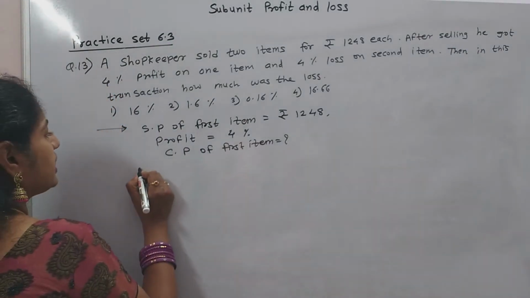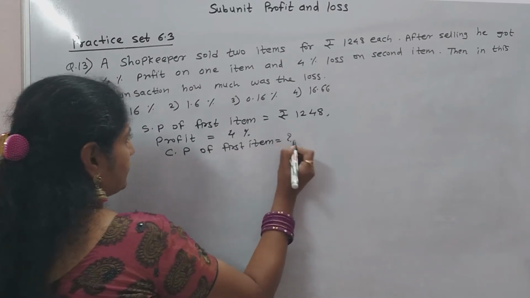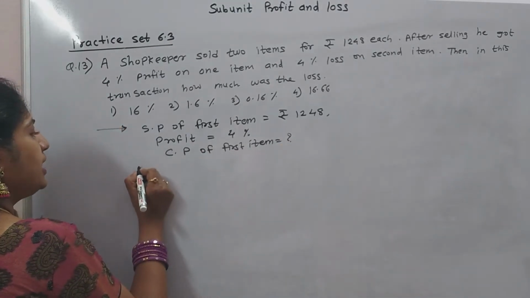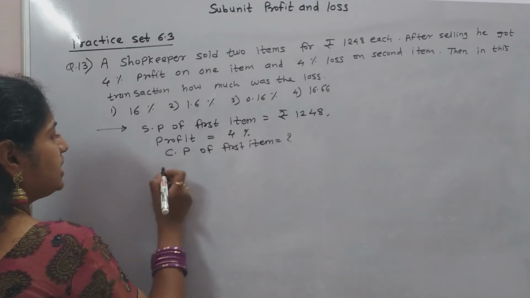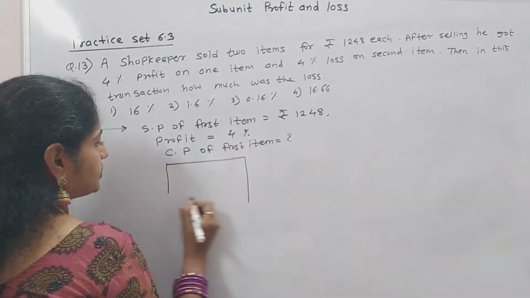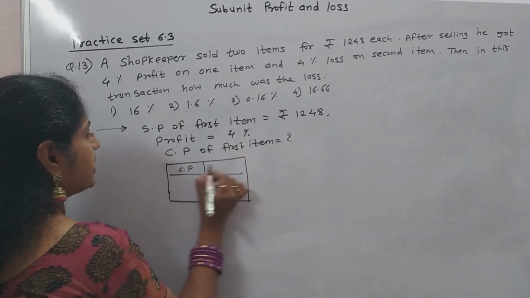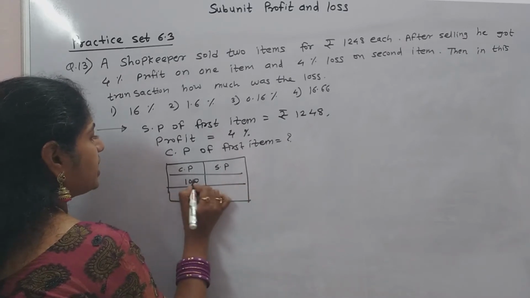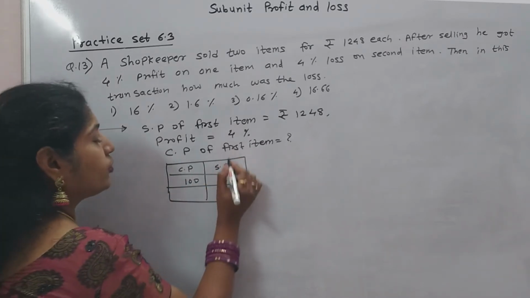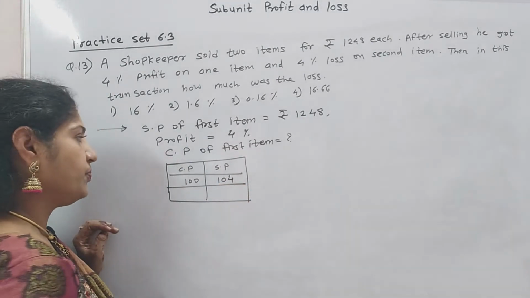This is an example of direct variation. First of all, if the cost price is 100, then with a profit of 4%, the selling price must be 104.